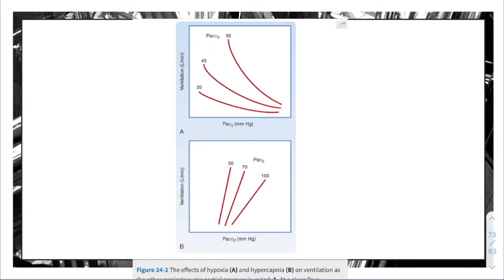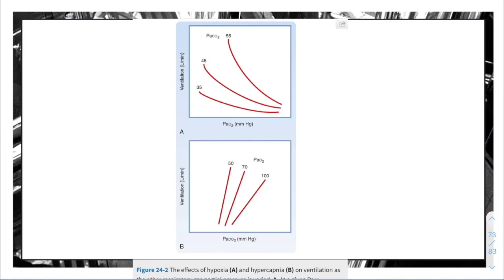Okay, so what will be the effect of hypoxia and hypercapnia on ventilation? Remember, hypoxia can increase ventilation, and hypercapnia can also increase ventilation. So in the presence of the two, hypoxia, when you have a low oxygen tension, in the presence of higher CO2 levels, it accelerates or increases your ventilation.